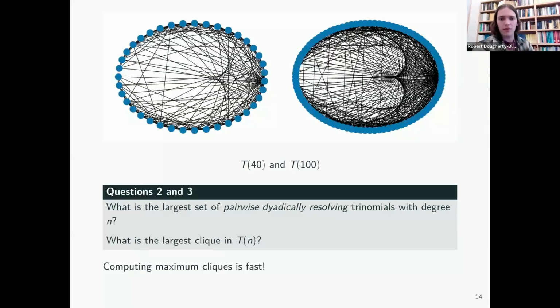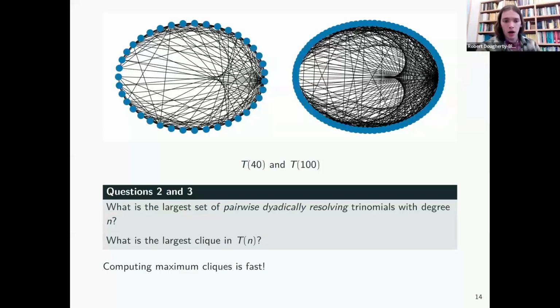We have faster algorithms to find maximum cliques than just looking over all possible subsets. So if you did some brute force approach, if you had n vertices, it takes something like 2 to the n time to find the biggest clique because you have to look at all possible subsets. But the best algorithms we have for this run in time like 2 to the n over 4 or something like that. So it's a lot easier to find maximum cliques once you phrase things this way.